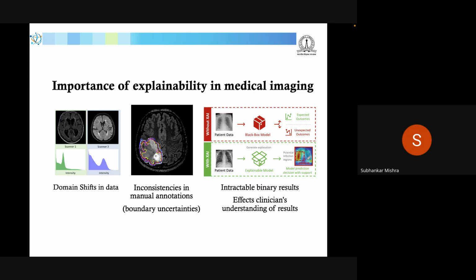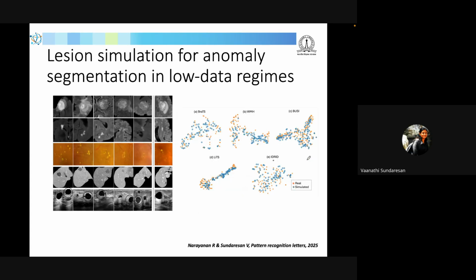How did you verify that those lesions that you added artificially are correct? Is it just because of the distribution in the space? Yeah, so we also used the Fréchet inception distance, which is what we call the FID score.